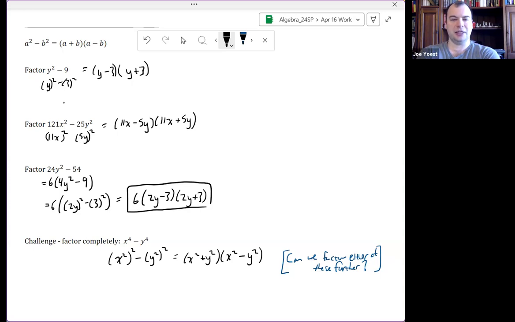And I do realize that 4y squared is 2y all squared. 9 is 3 squared, so I have exactly two terms. Both are perfect squares, opposite signs. So that part in parentheses can be factored to 2y minus 3 times 2y plus 3. And we still have that factor of 6 in front.